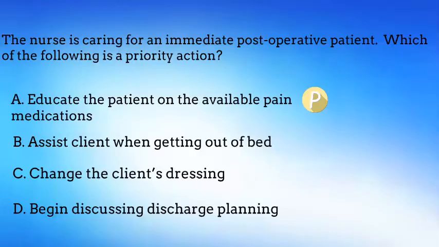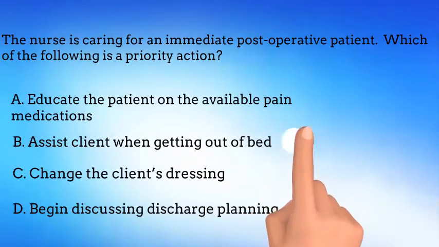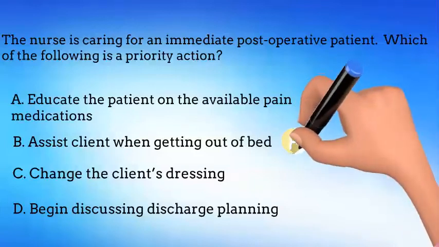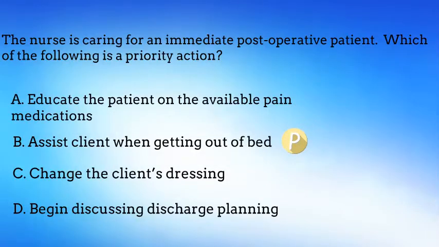Option B, assist client when getting out of bed. Well, this isn't a physiological need, but it is a safety issue as we want to prevent falls. So this would fall under safety. And since safety trumps pain that is not related to loss of limb or loss of life, we will mark this as our priority.